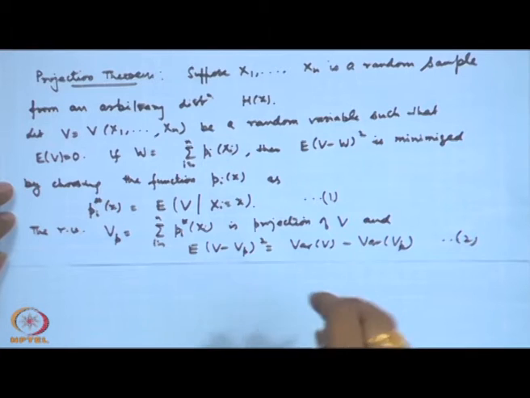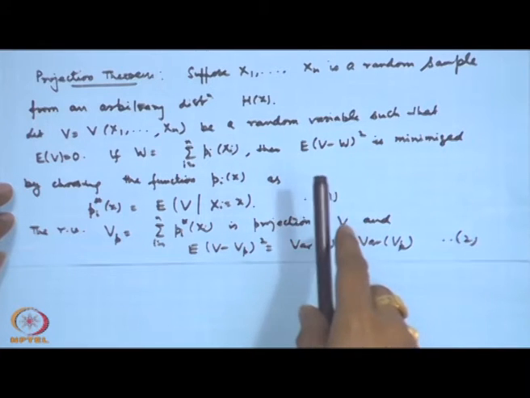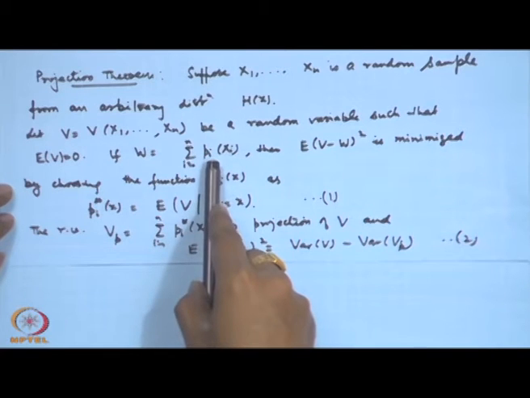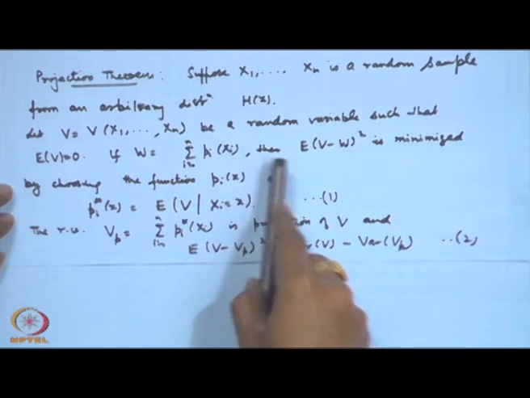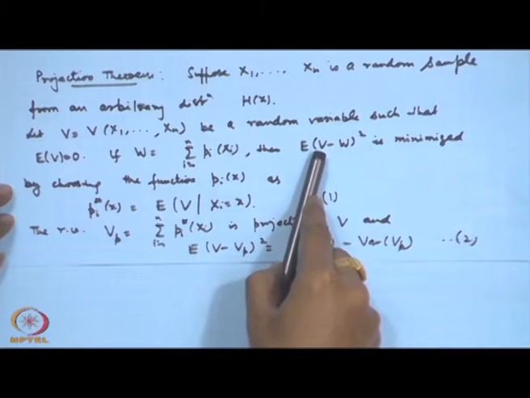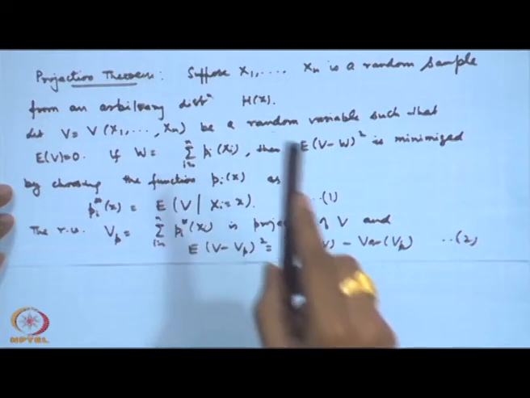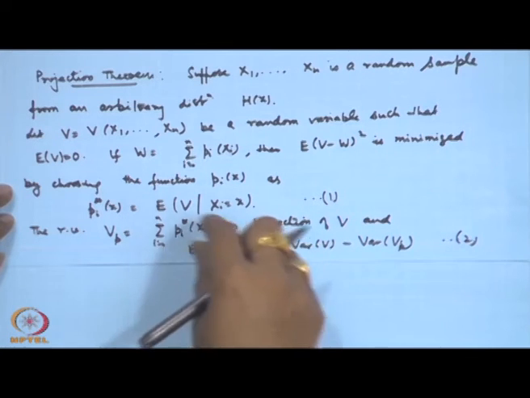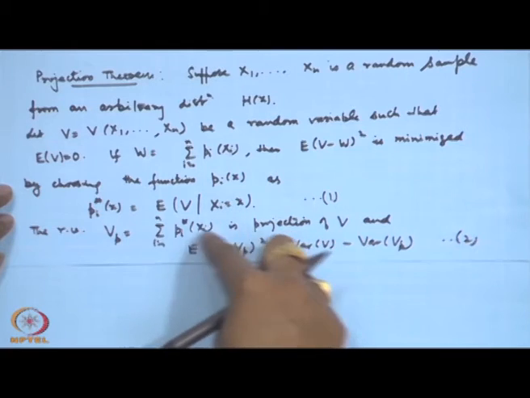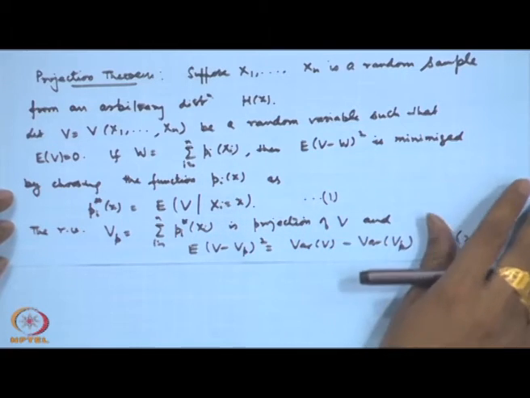What we are saying is that we have the function W as sigma p_i(x_i). So, this is minimized when we consider the conditional expectation of V with respect to x_i, and then when we do this for every x_i, then if we sum it, it is called the projection of V. Okay.